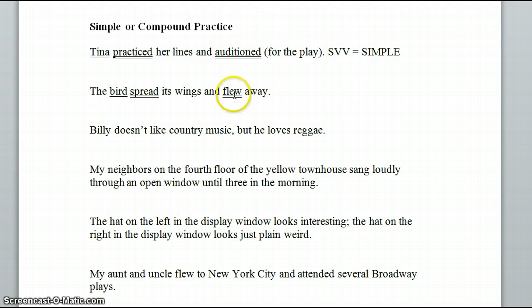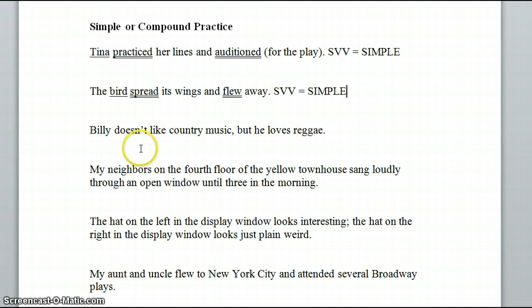Once again, on this sentence, the answer, who flew away, is found way back up at the start, the bird. This sentence is another SVV sentence, so it happens to be simple. So far we have two simple sentences.